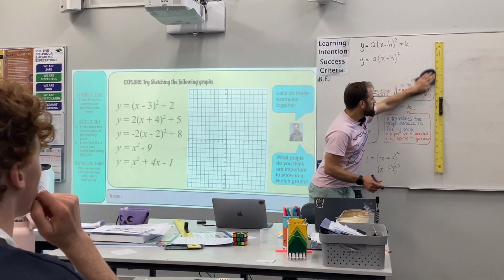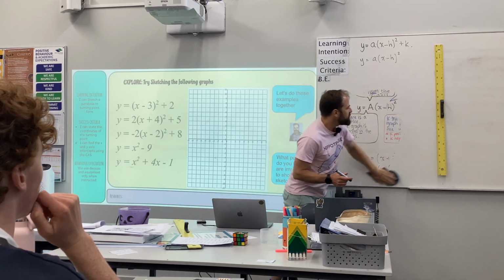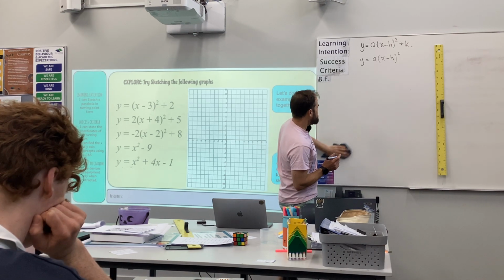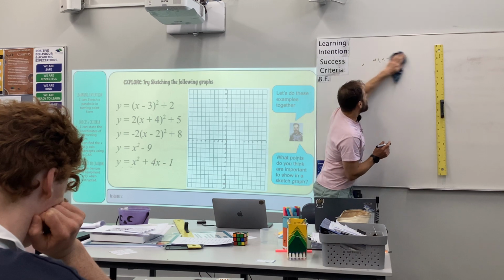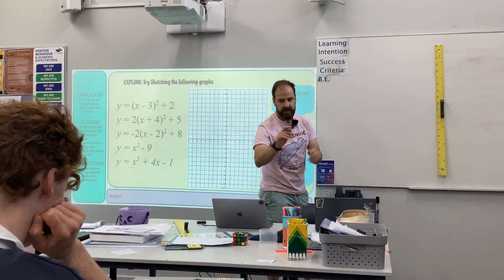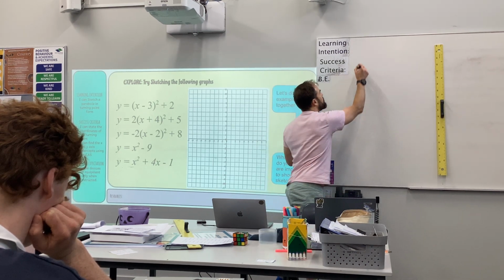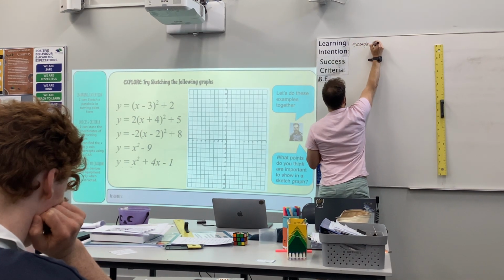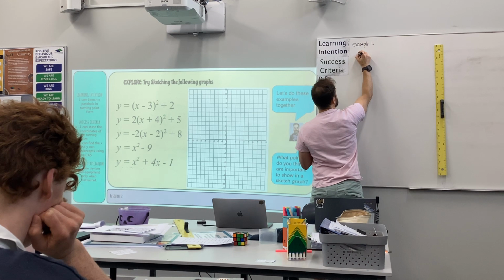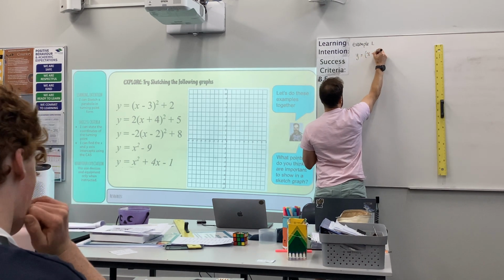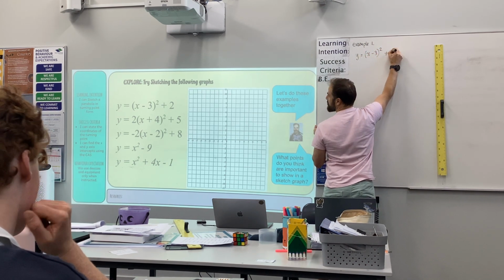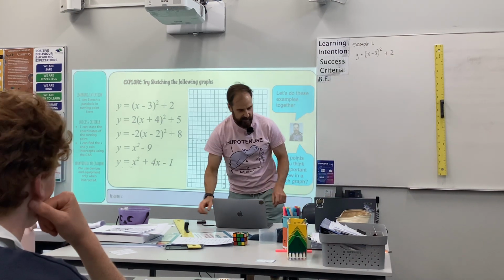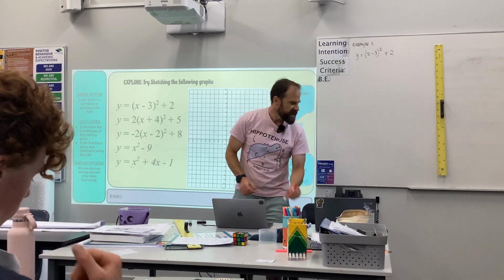Okay. So what you folks need to be able to do is sketch graphs using that information. Okay, so if this is my equation, what are we going to put this as a heading?